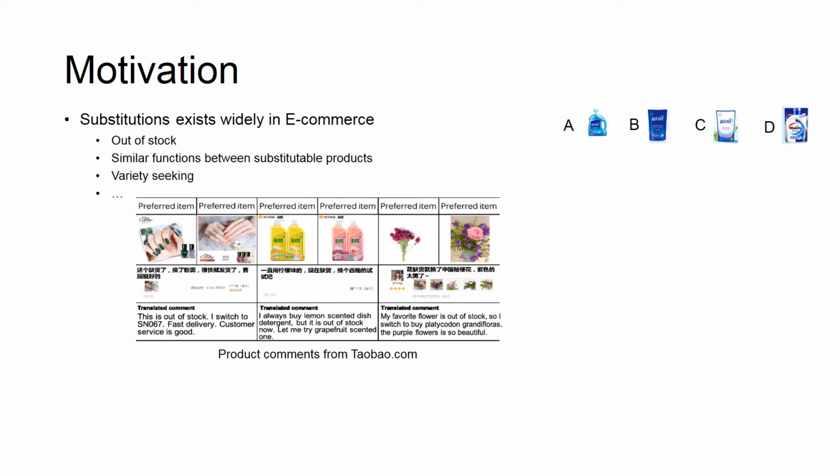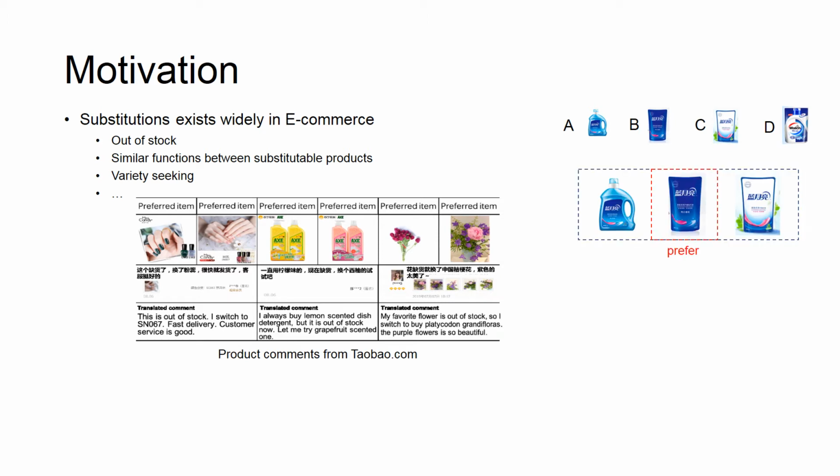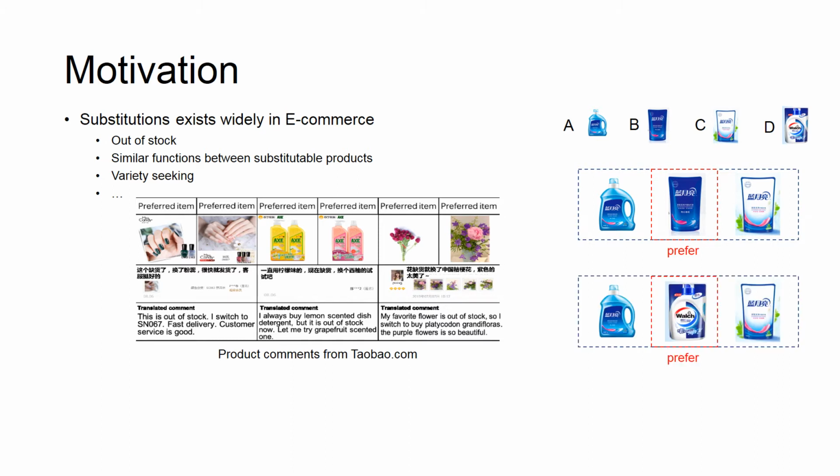Let's imagine we have 4 items: laundry A, laundry B, laundry C, and laundry D. If we present laundry A, B, and C, the customer may prefer laundry B. However, if we present laundry A, C, and D, the customer may prefer laundry D. It's because these laundry items have similar functions, and the customer may have a relative preference.